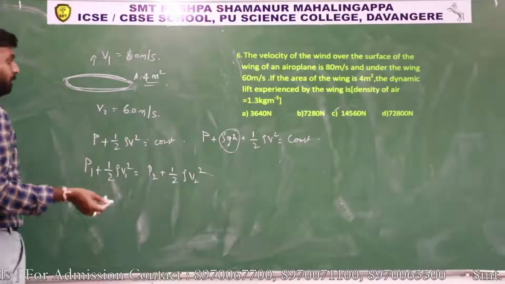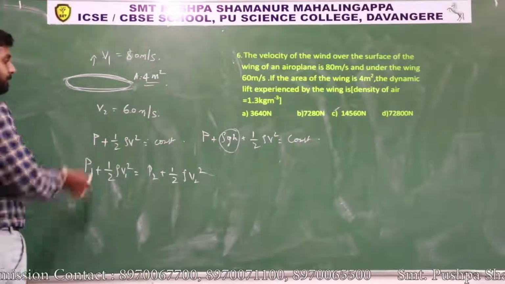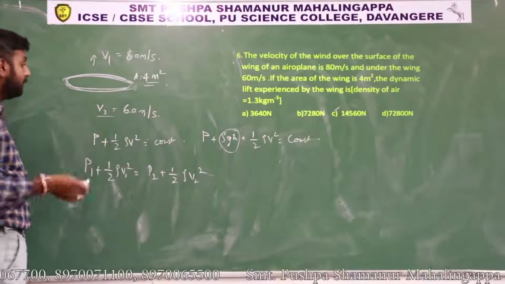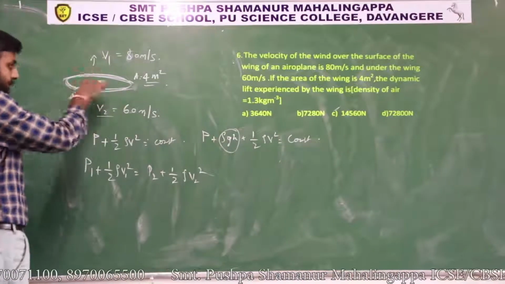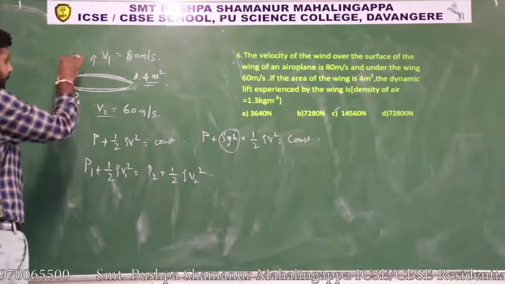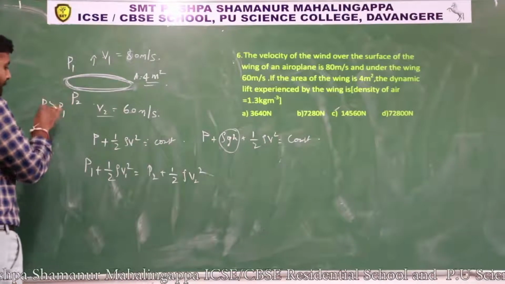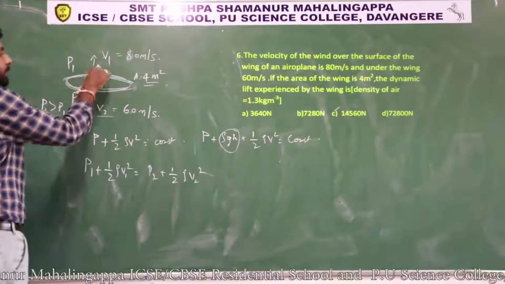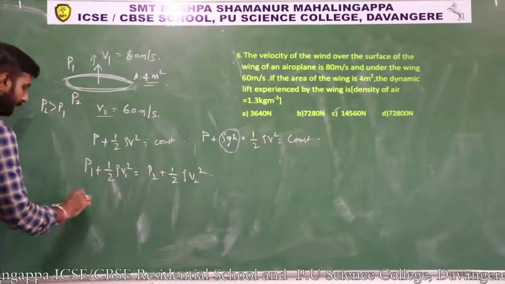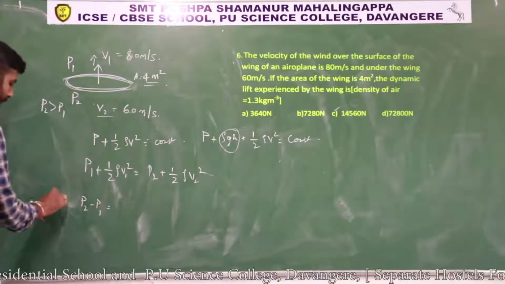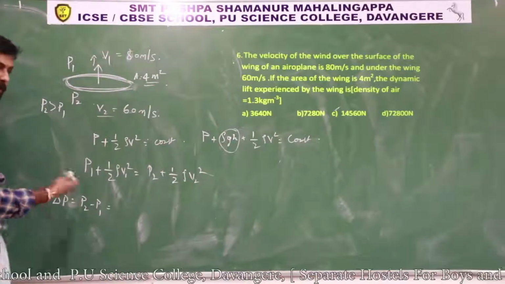So you know that where the velocity is less, there the pressure is more. That means below the surface is P2 pressure, above let us consider P1 pressure, then P2 becomes greater than P1, hence there will be a net upward force. So we have to find the value of P2 minus P1. This is the difference in pressure. I can write delta P, difference in pressure.